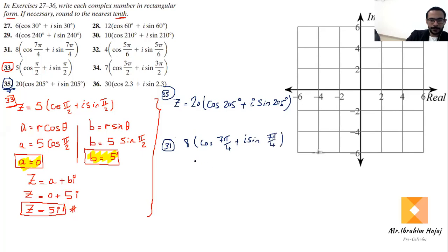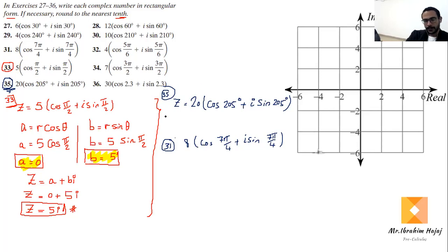How do we write this number in rectangular form? Okay, Talal Dabbagh. Yes, Mr. 35 or 31?